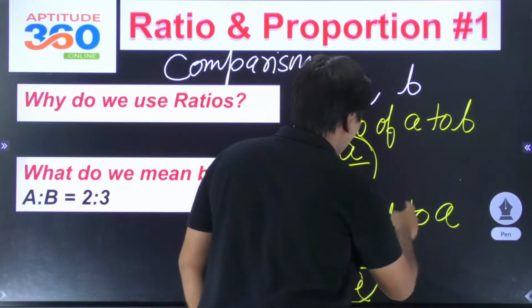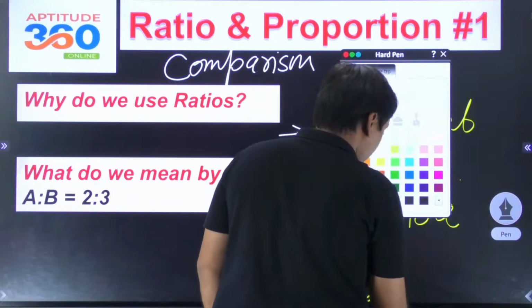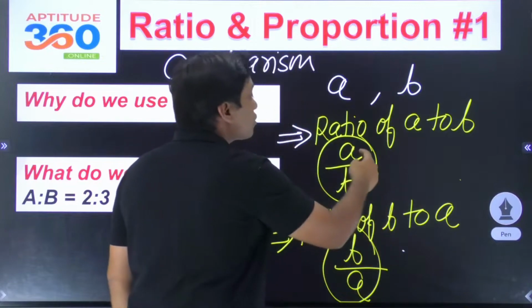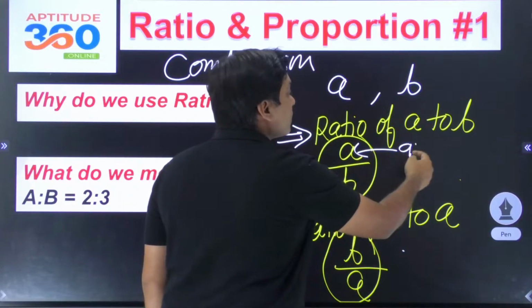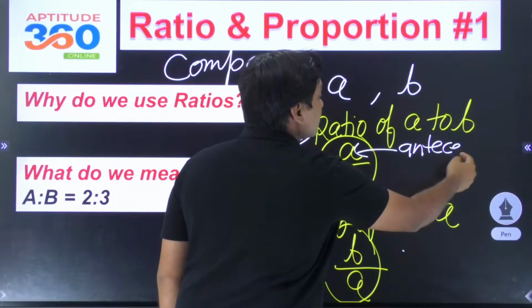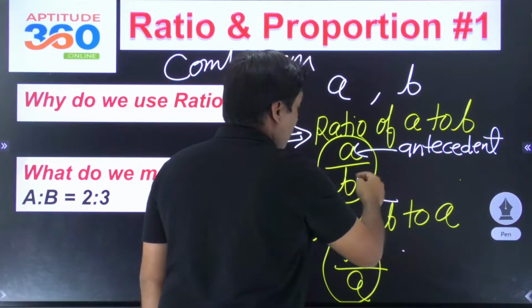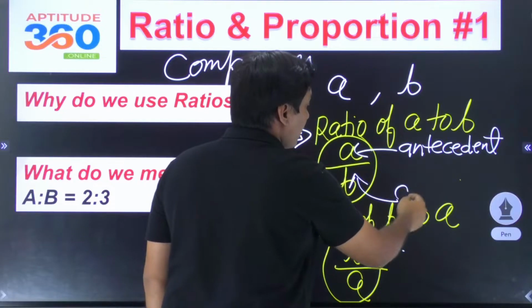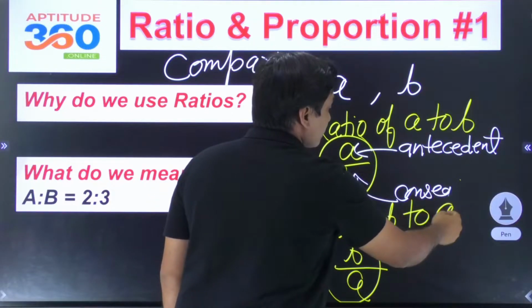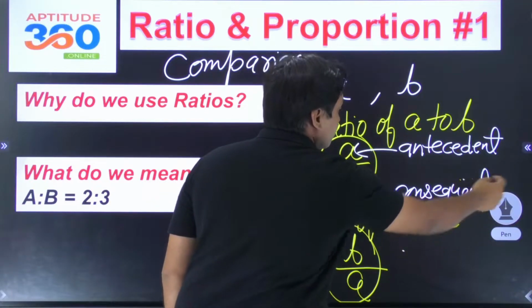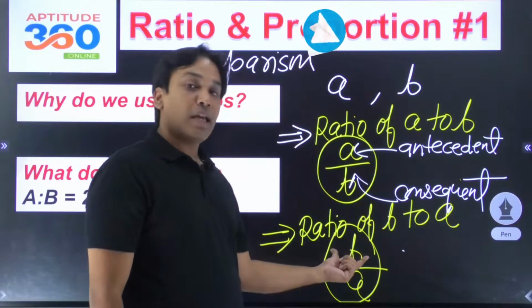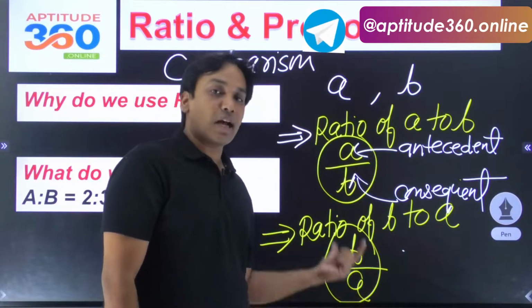And in childhood you might also have been taught that the numerator is known to be the antecedent and the denominator is known to be the consequent.